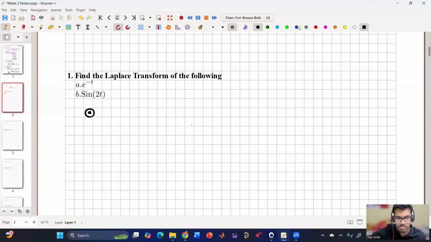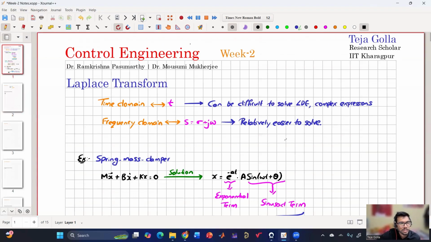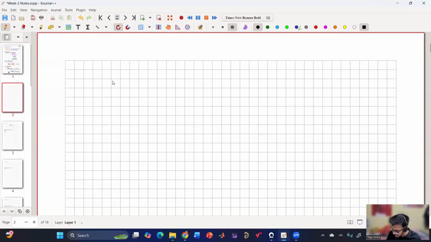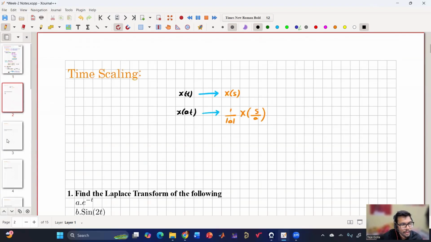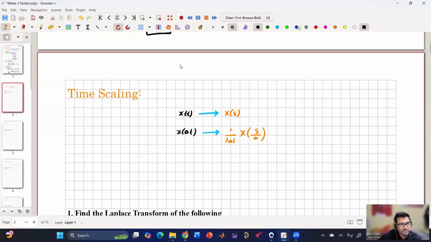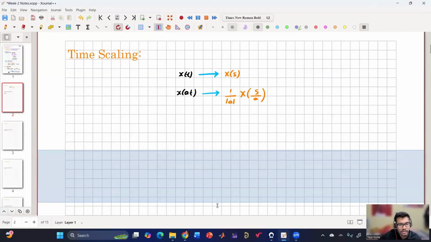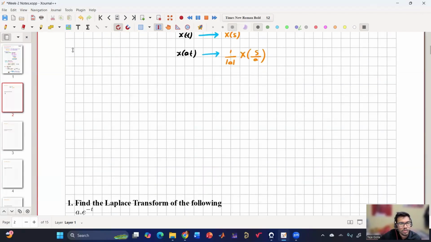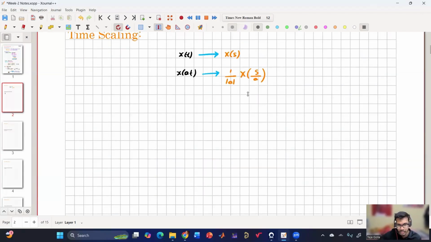There are some standard Laplace transforms that we can write here. So, standard Laplace transforms.